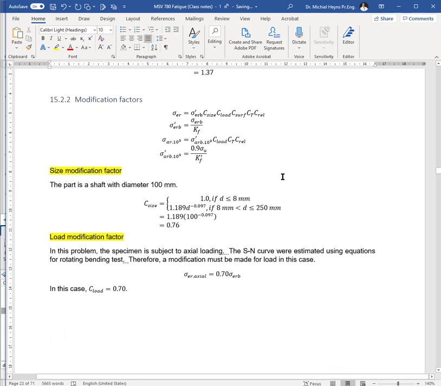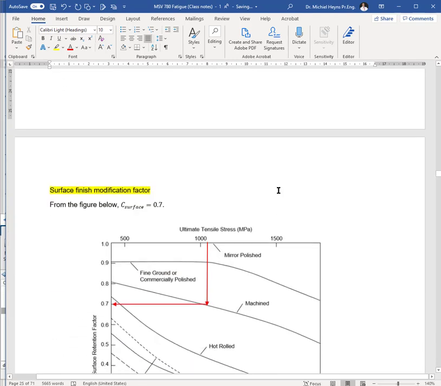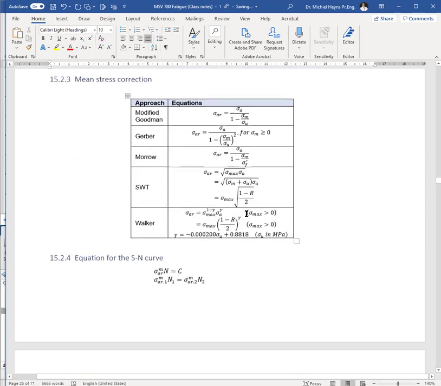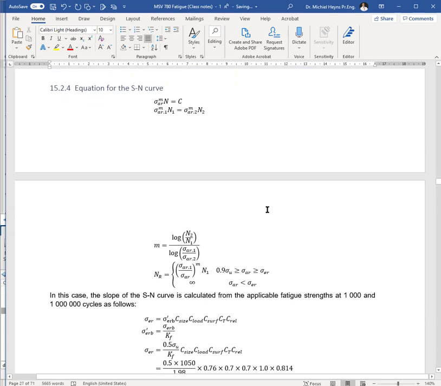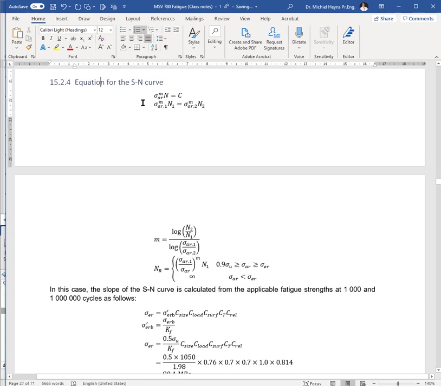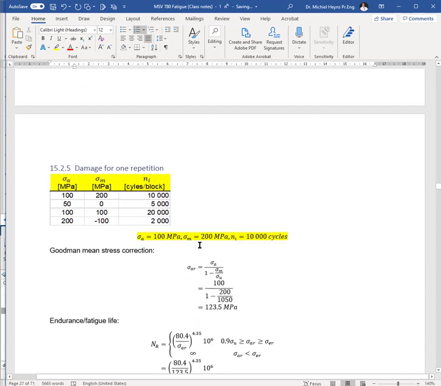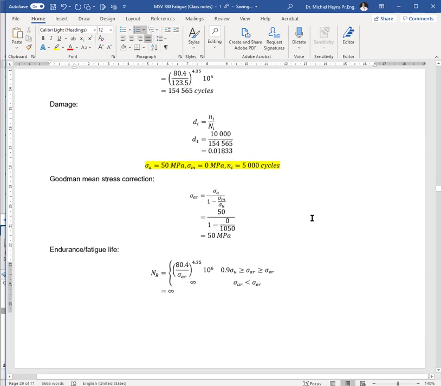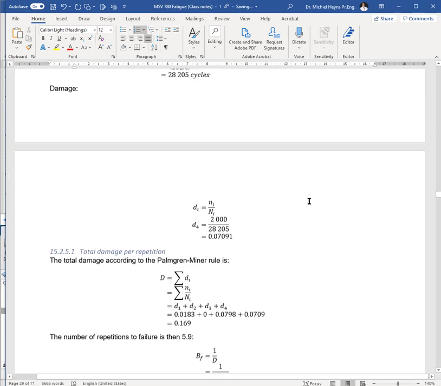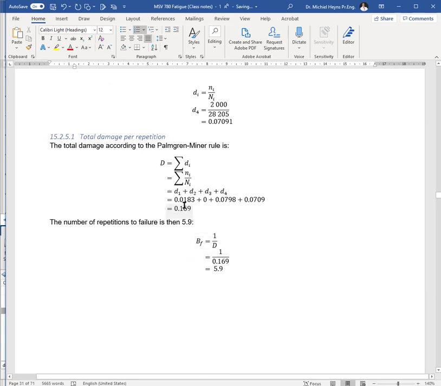We calculated the modification factors. We had an equation for the SN curve. Then we did the damage for 1 repetition, and we saw the damage for 1 repetition was equal to 0.169. And the number of repetitions to failure is 5.9.